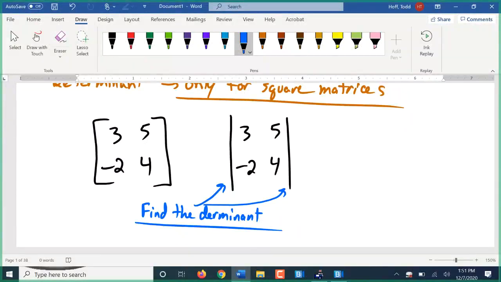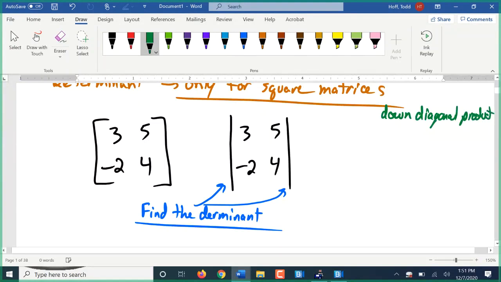Now, the determinant itself is then calculated. We do a down diagonal product, which would just be like this, 3 times 4, which is 12.